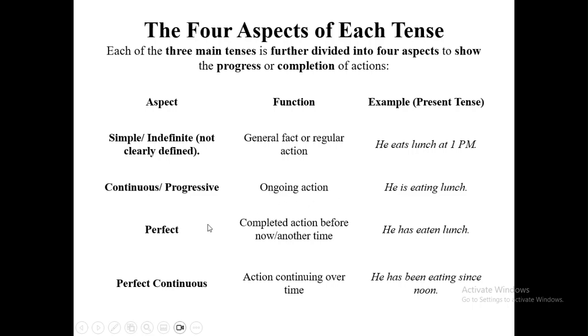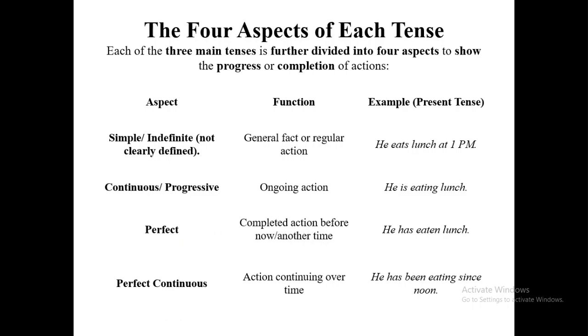The next aspect is perfect. The perfect shows the completed action before now or another time. So before a particular time, one action will be completed, or just completed actions.